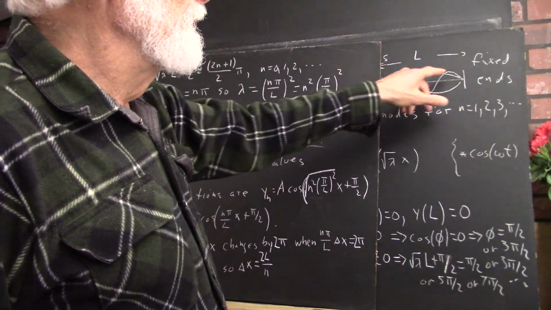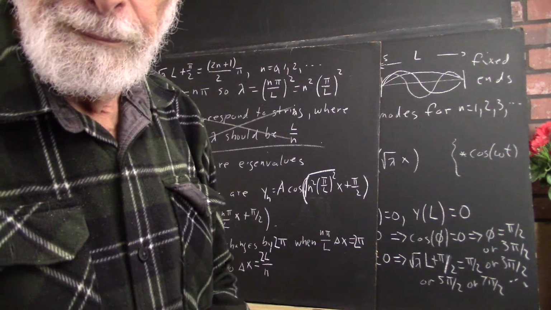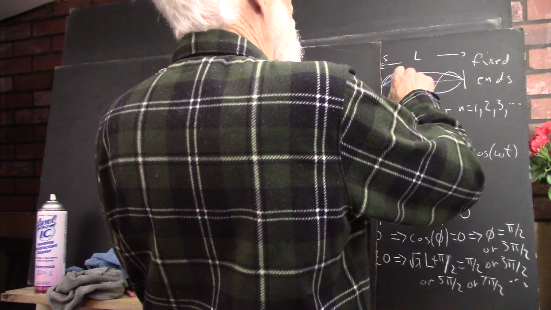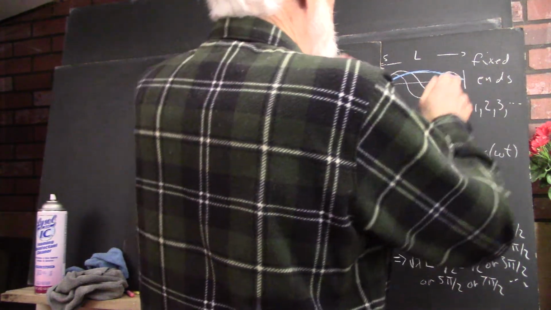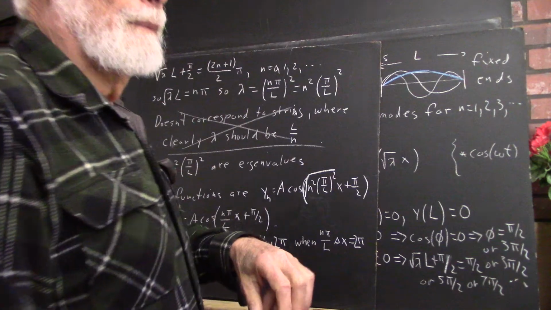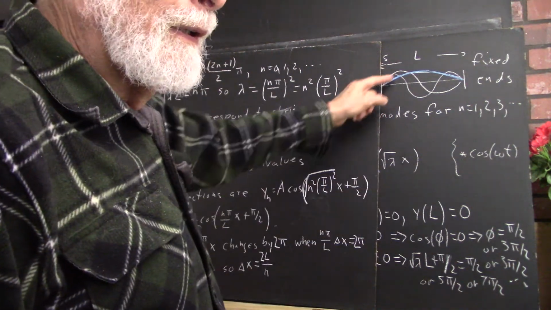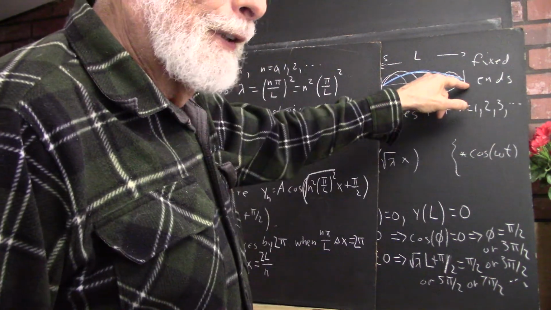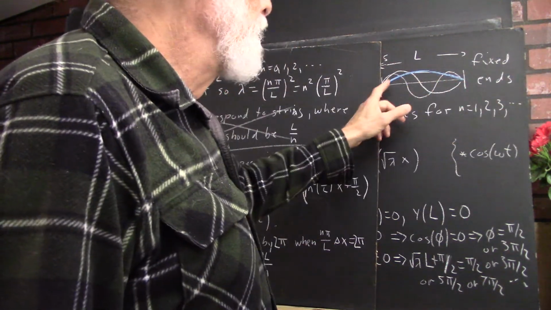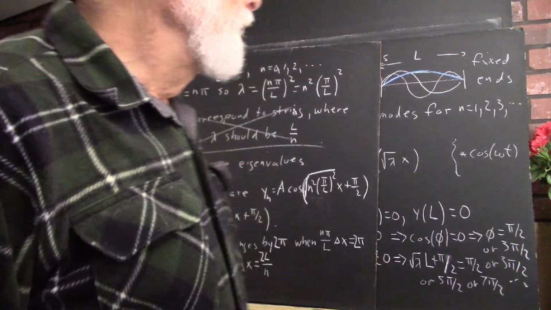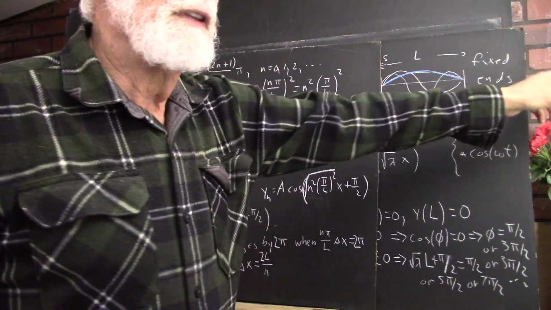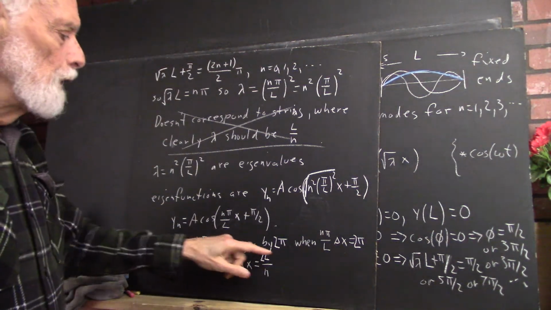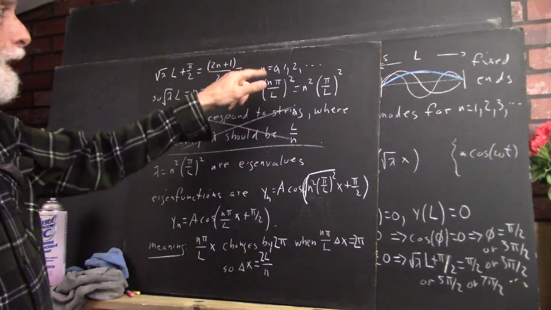Well, look at this jump rope mode of oscillation. Here's L. What's the wavelength of this wave? You have to complete a cycle. So here's half a cycle, the other half goes out here, and the length of the cycle, the wavelength of the wave, is 2 times L over 1. That's your n equals 1 mode.